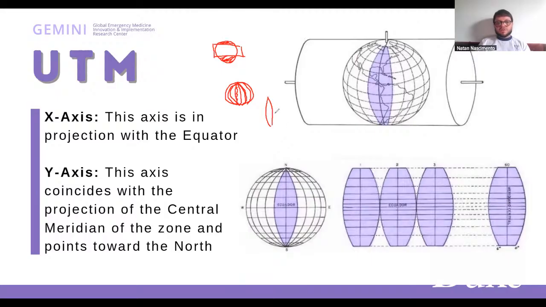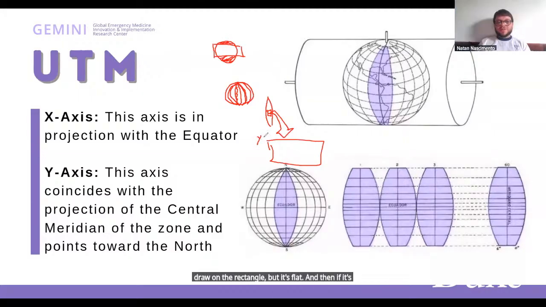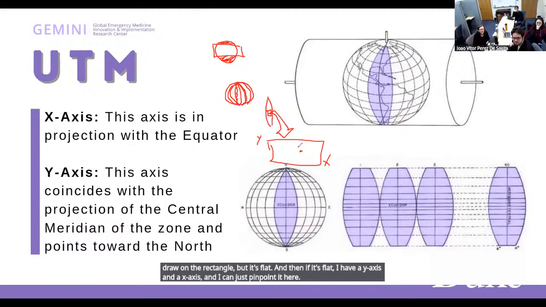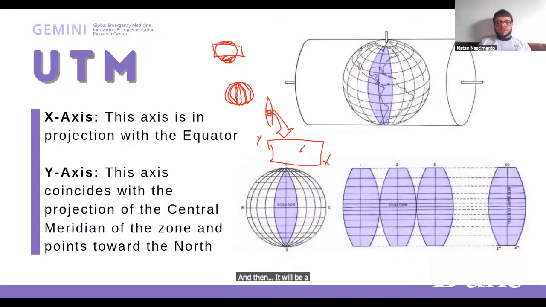And of course, if we zoom in on this piece, it will be a square or a rectangle in this case because I'm drawing it, but it's flat. And then if it's flat, I have a y-axis and an x-axis, and I can just pinpoint it here. It will be a direct coordinate from the surface, but projected in a square or in a rectangle.